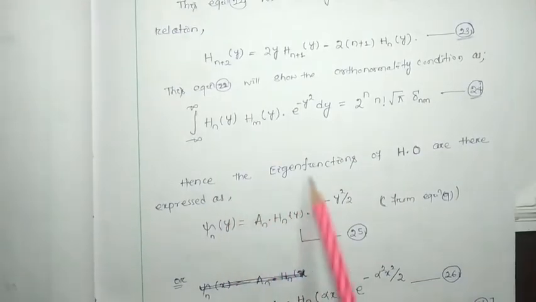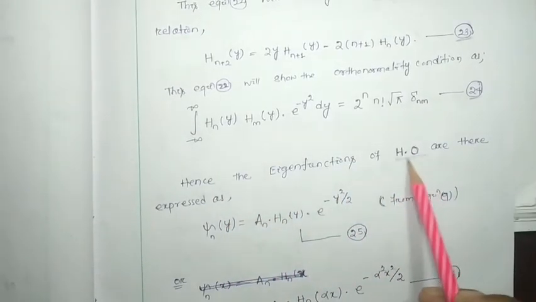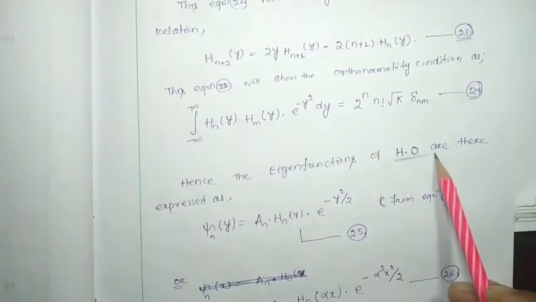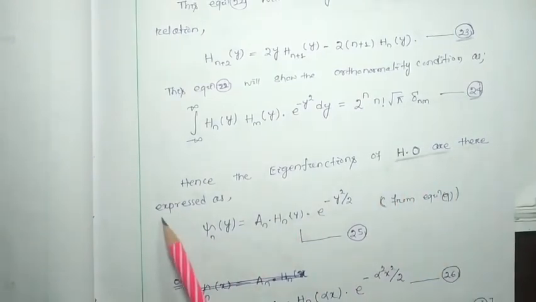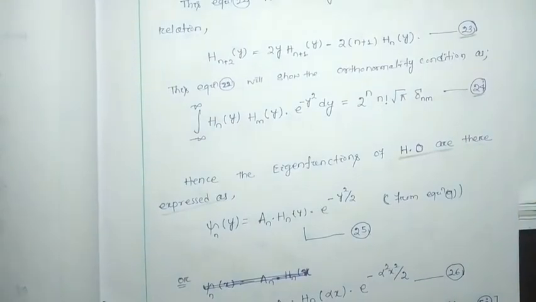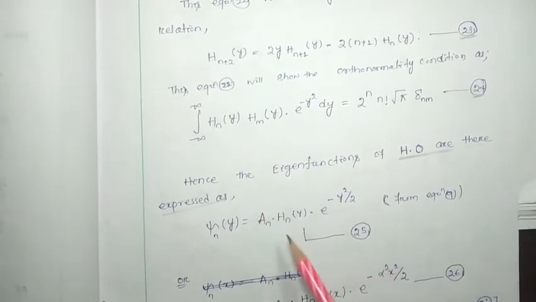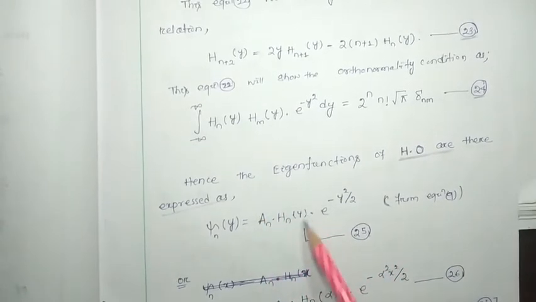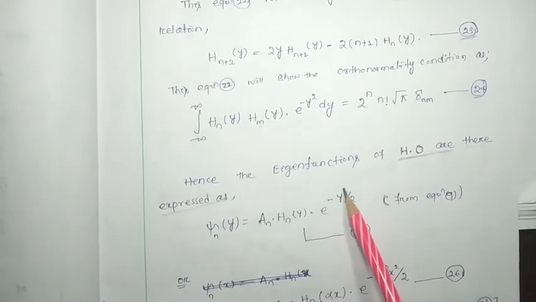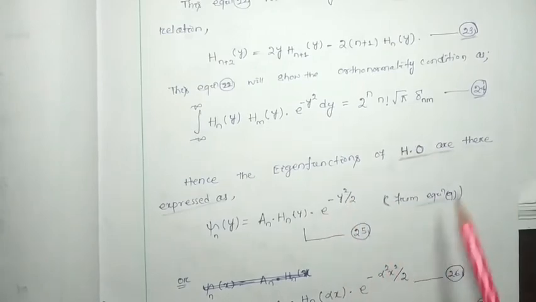Now, hence the eigen functions of the harmonic oscillator are expressed as psi n y equal to A n. Here A n is nothing but the normalization constant, h n y into e to the power minus y square by 2, from equation number 9. You just check your equation number 9.